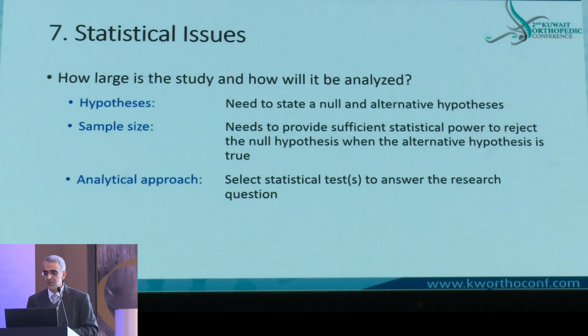And the last component is the statistical issues. So three things. We need to state hypotheses. A null hypothesis will always say that there is no effect of the intervention on the outcome. An alternative hypothesis will say that there is an effect. And sample size. This is the magic, I think.